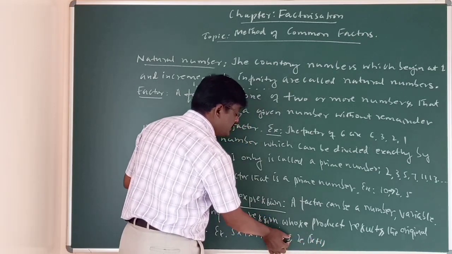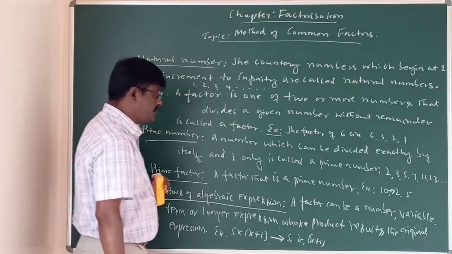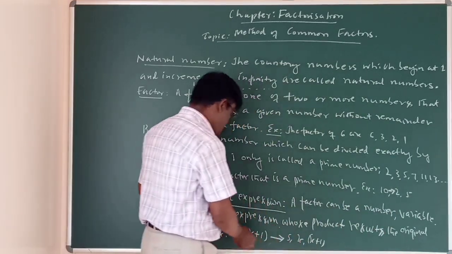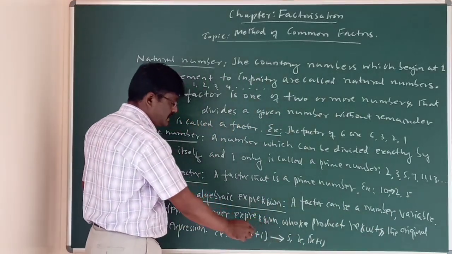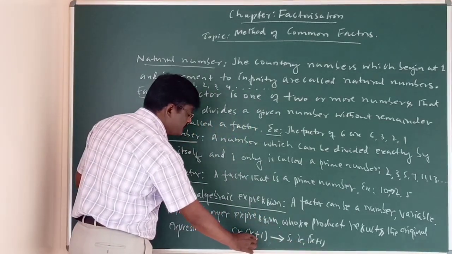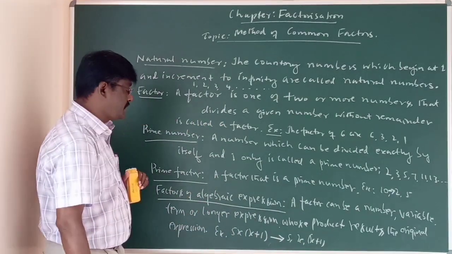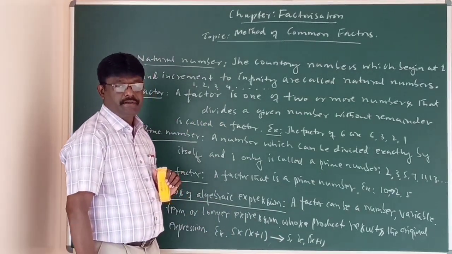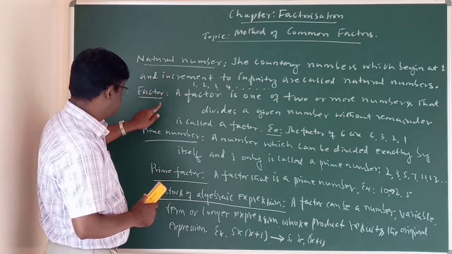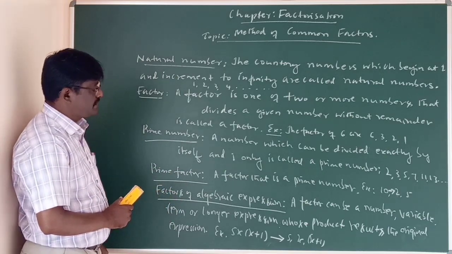Therefore, in the case of an algebraic expression, a factor may be a number or variable or even a longer expression, and the product of all these will result in the original. Such things we call factors of algebraic expressions. I hope it is clear. Once again: natural number, factor, prime number, prime factor, factors of algebraic expression.